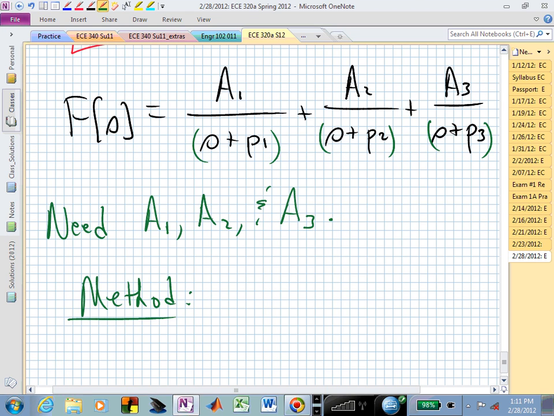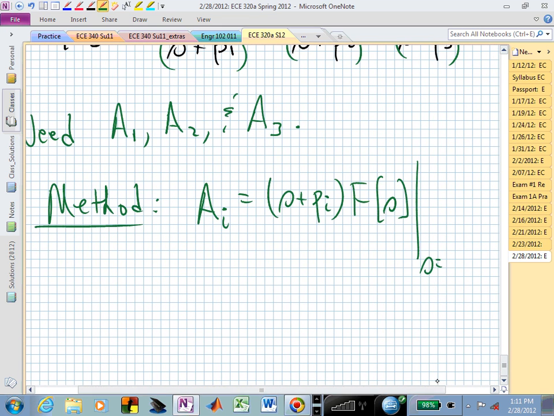Written down, that simply says that each of these coefficients, A sub i, can be found by taking its associated factor, multiplying it by the left-hand expression, and evaluating that expression when that factor s plus p sub i is 0.